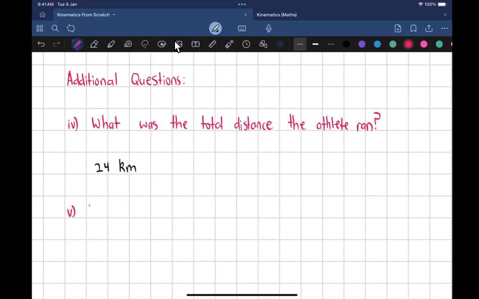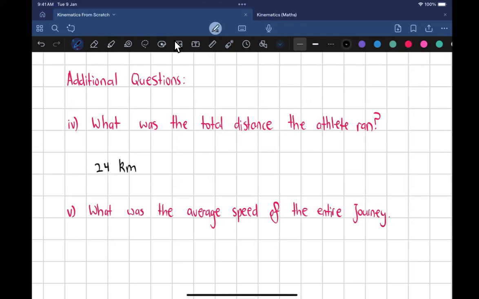And what was the average speed of the entire journey? Right?